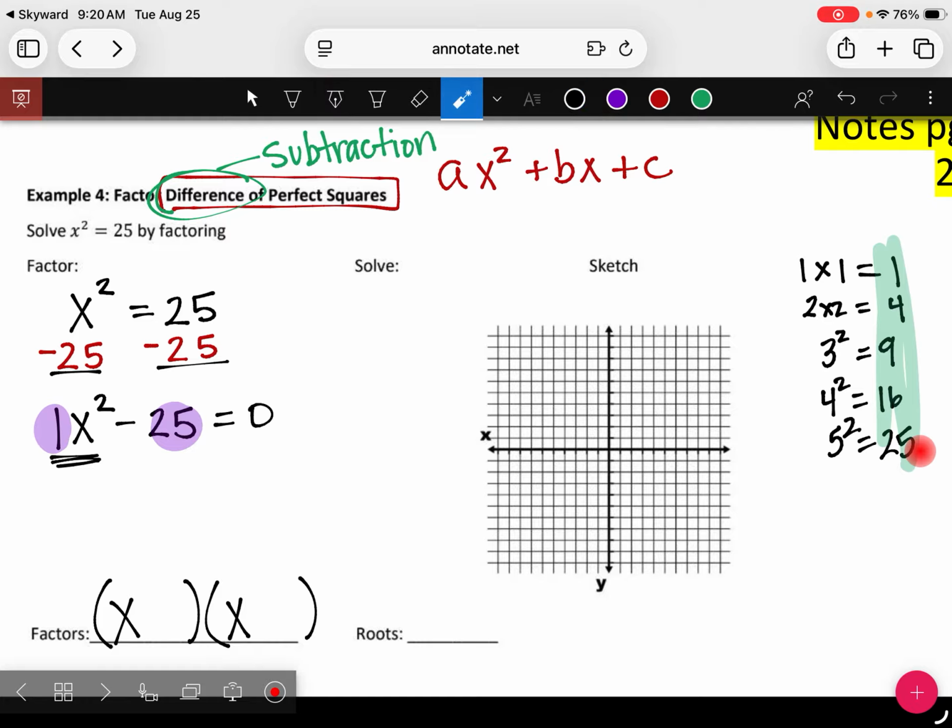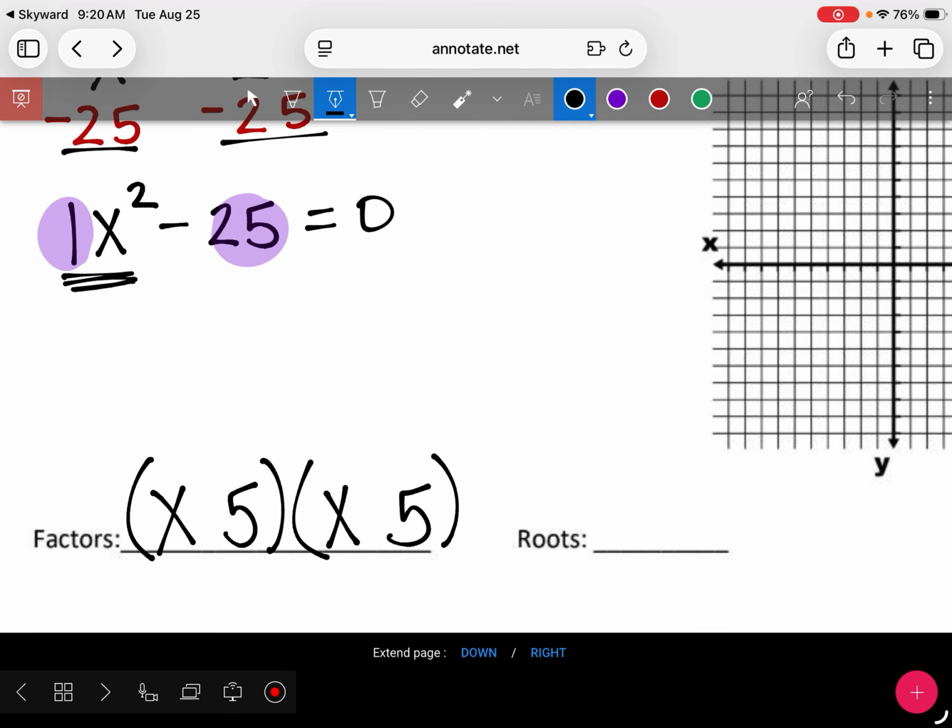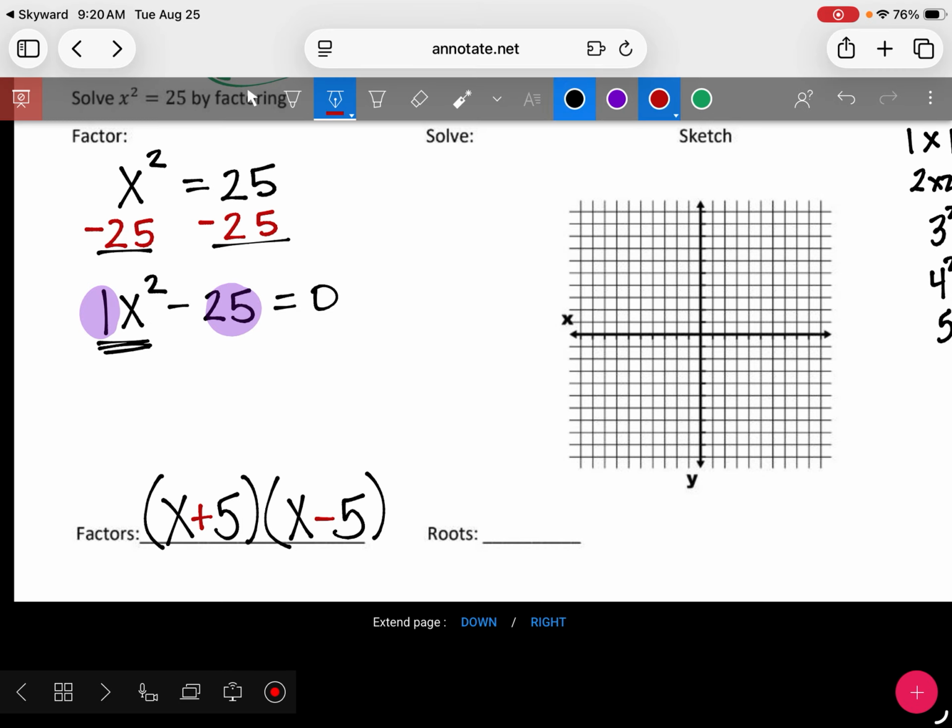To get the 25, what number did I have to square? 5. Put that in the back. And then one has an addition sign and the other one has a subtraction sign. That would be your factors. Set both of those equal to 0 and get your 2 answers.